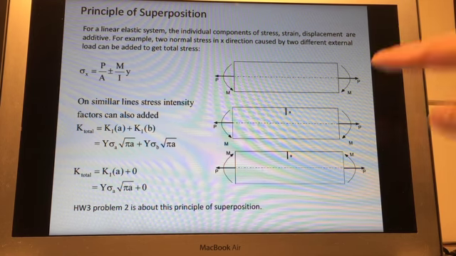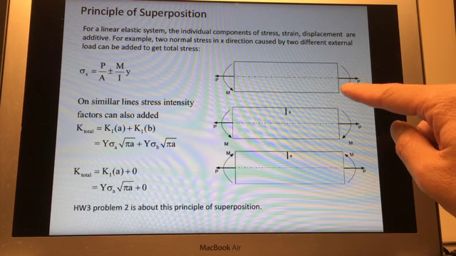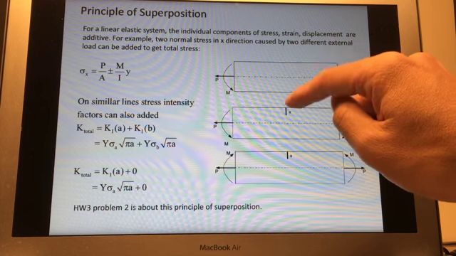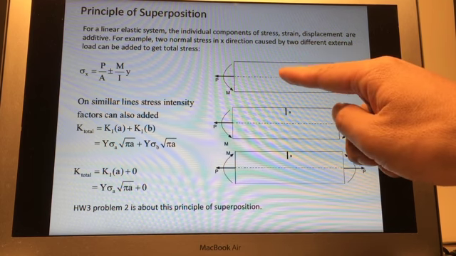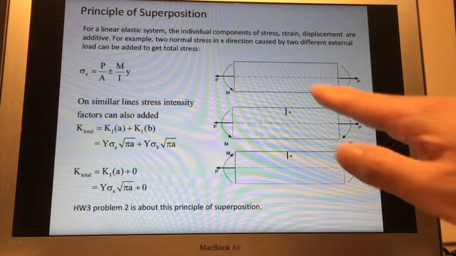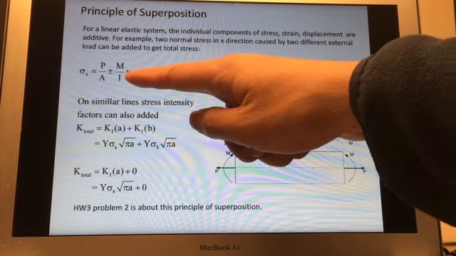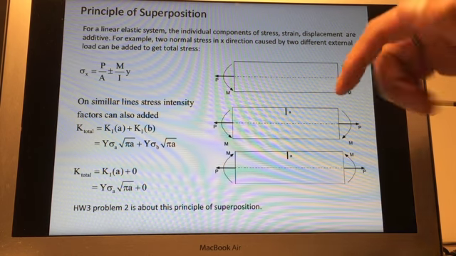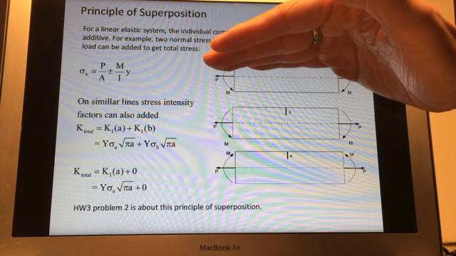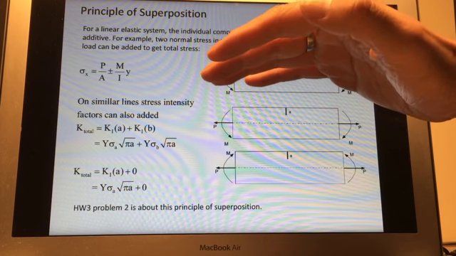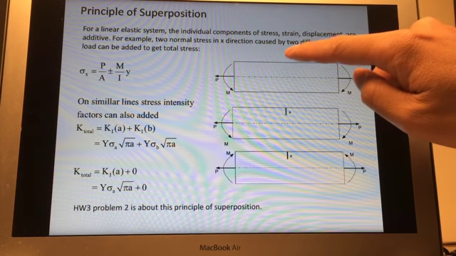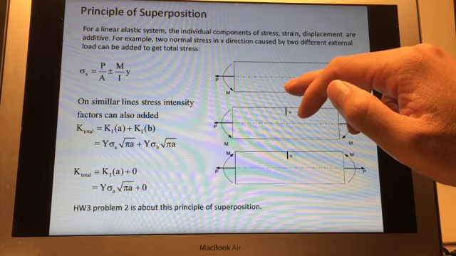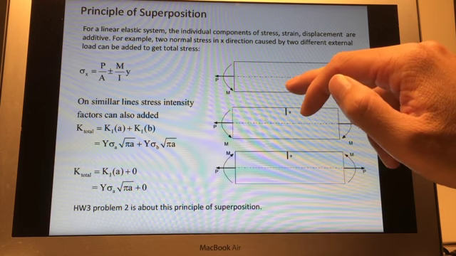But the bending moment generates different tensile or compressive stress when you change the position on this cross section. So you can define a local coordinate system indicating the direction of Y. If the bending moment is in this direction, the beam will bend in this manner, and the stress on top of the bar will be in tension, and the stress in the bottom half of the bar will be in compression.